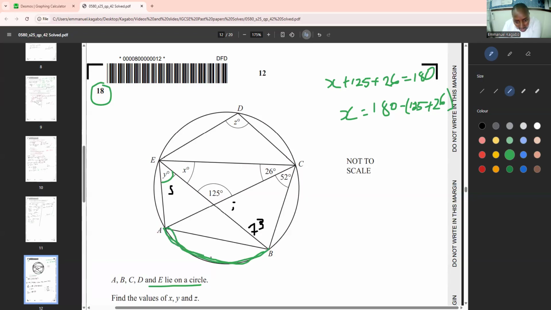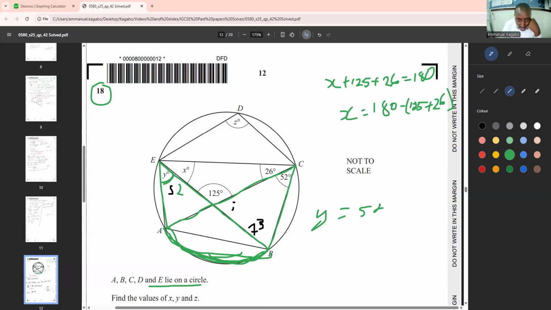And the arc AB, the arc AB. So check if I go like this. Do you see that? So from the circle theorem, these two should be equal because they are formed from the same arc. So y is 52. Okay.